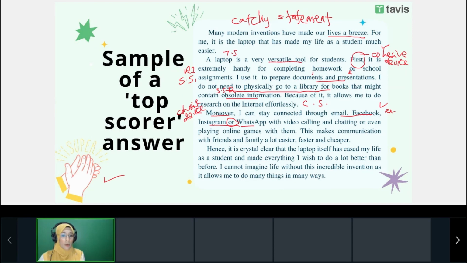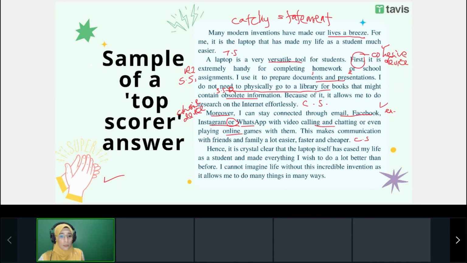Examples. Very good, with video calling and chatting or even playing online games with them. Providing reasons for what he or she does on these platforms or social sites. Right? This makes communication with friends and family a lot easier, faster, and cheaper. There you go. Another concluding sentence.